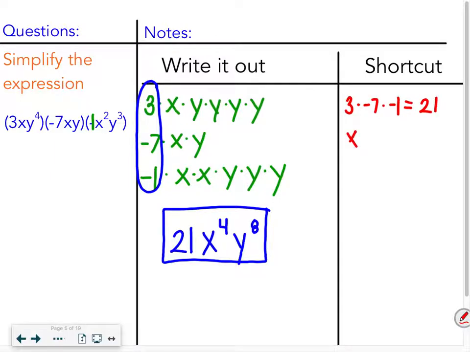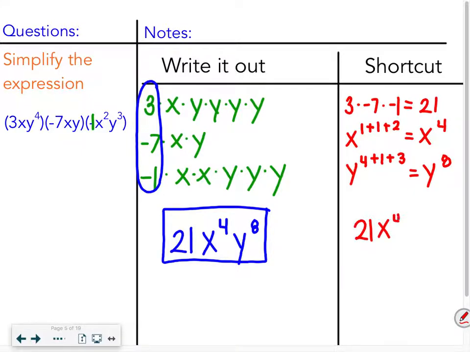If I add my x's, I have 1 plus 1 plus 2. So that would be x to the 4th. And then if I add my y's, I have 4 plus 1 plus 3. So I have 8. Put that all together and it is 21 x to the 4th, y to the 8th.